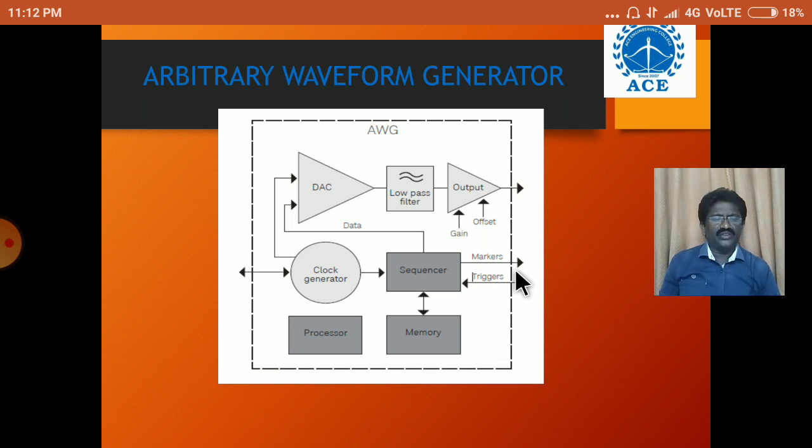Trigger inputs are used to alter sequencer operation. So instead of this, you will take help of this one, resulting in the desired waveform entering the DAC.